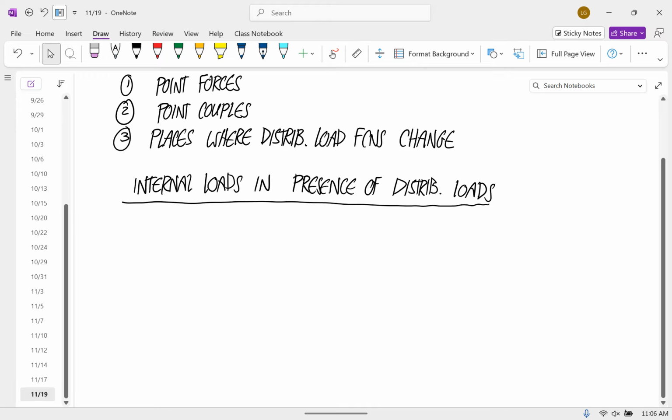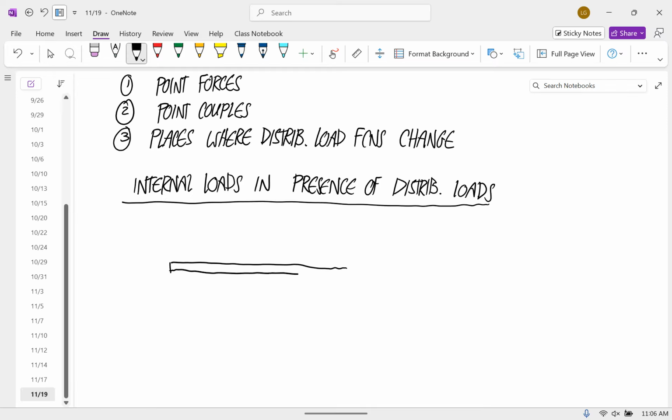And here's kind of how it works. Let's say that we have a body like this, and let's say there's the distributed load. And maybe we have a force here and a force here. Okay.